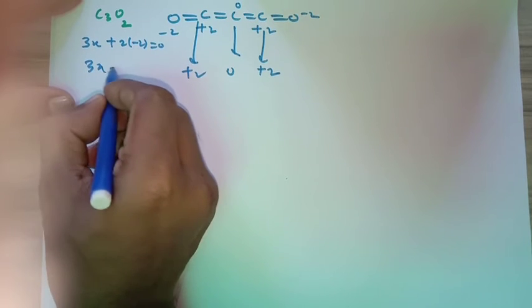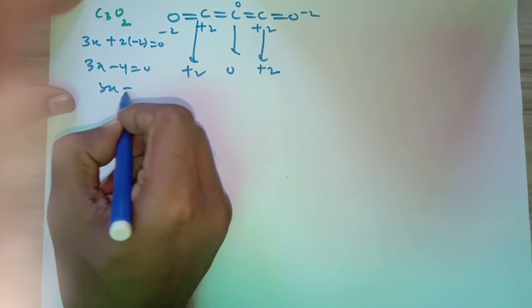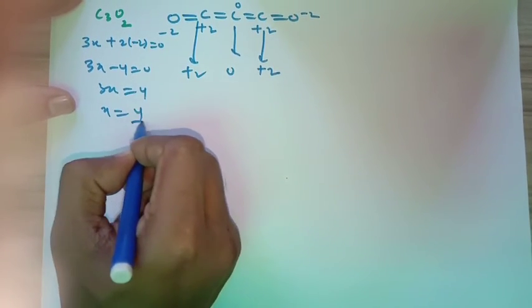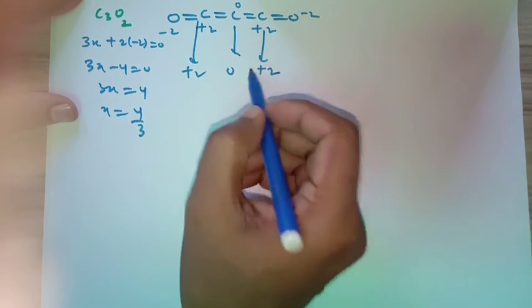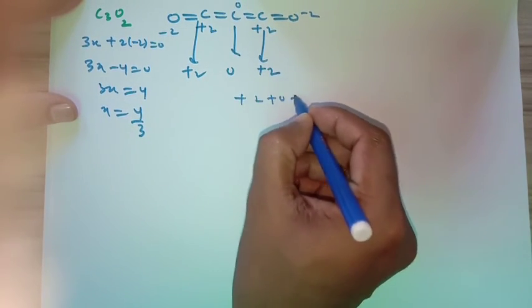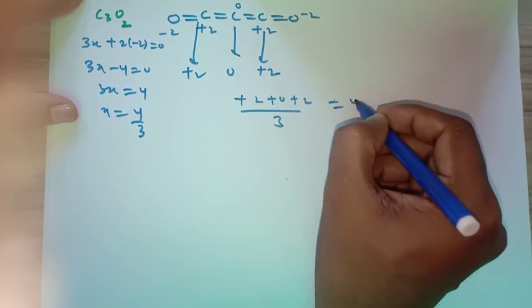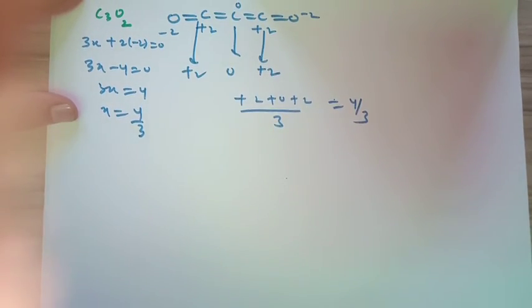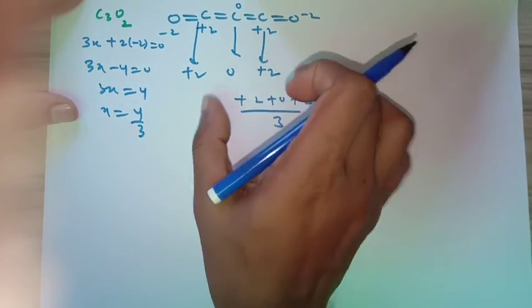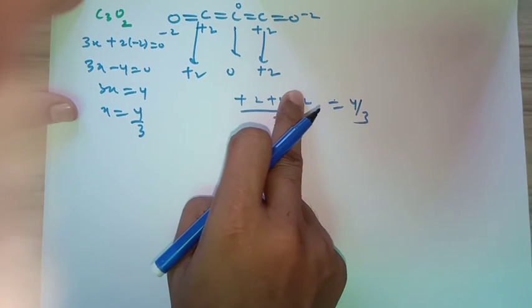So this will be 3x minus 4 is equals to 0. So 3x is equals to 4. So x is equals to 4 by 3. यहाँ पे अगर एवरेज निकालें तो +2 +0 +2 and there is 3 carbon, so it will be like as 4 by 3 only. तो एवरेज इतना आएगा, लेकिन एक्चुअल ऑक्सीडेशन स्टेट +2 0 and +2 will come out.